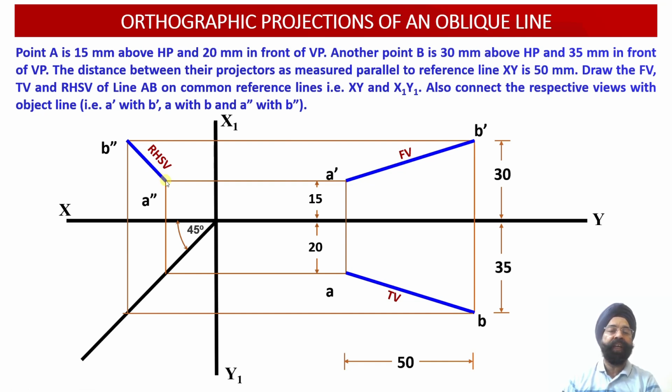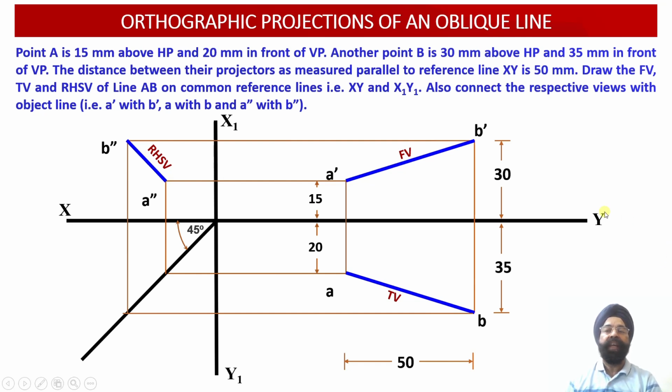So we can see over here that this AB line is oblique in nature. It happens to be inclined to both the reference planes HP and VP. So A dash B dash is also inclined to the XY reference line. The top view projection AB is also inclined to the XY reference line, and by using the data available from the front view and the top view and transferring the top view distances using this transfer line into the profile view, we have been able to obtain the locations of A double dash and B double dash.